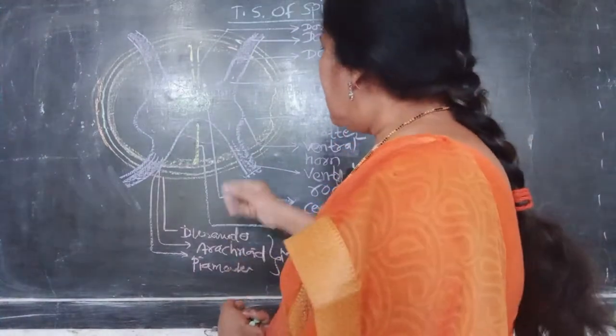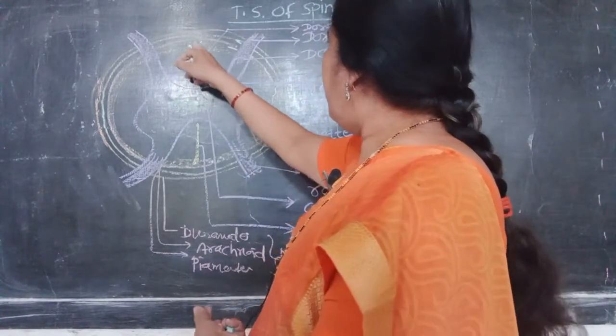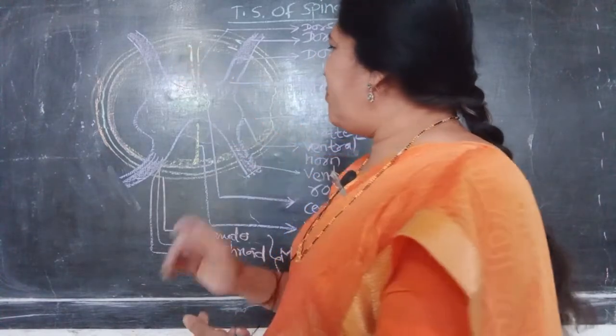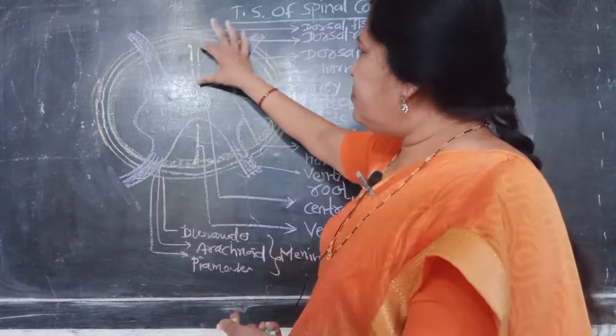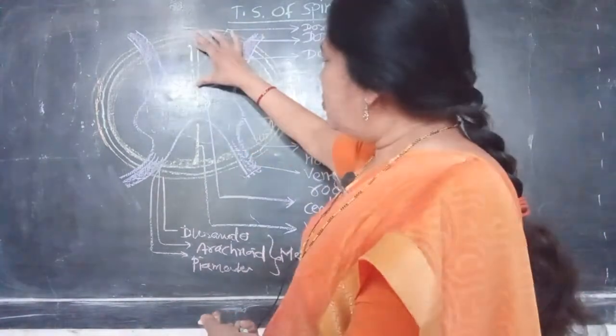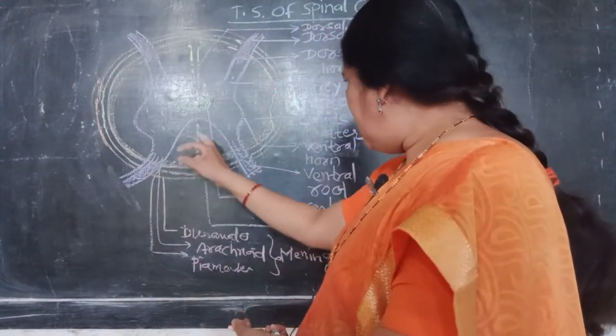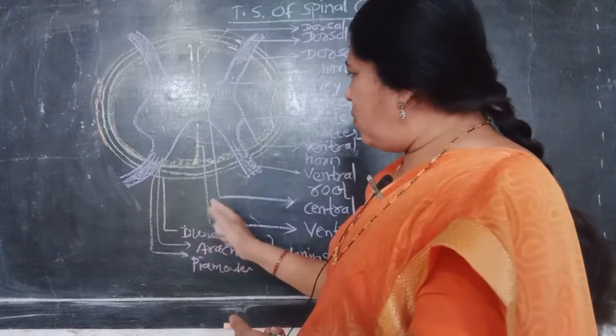Then this is the dorsal median fissure. It is wide, but it is short, not so deep. And this is the ventral median fissure. The ventral median fissure is narrow and deep.